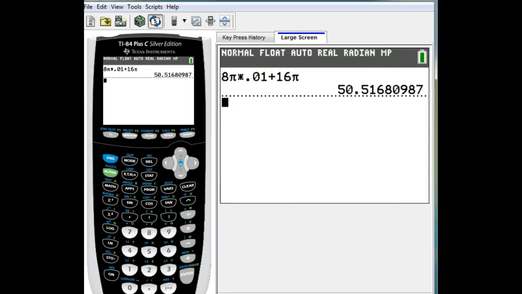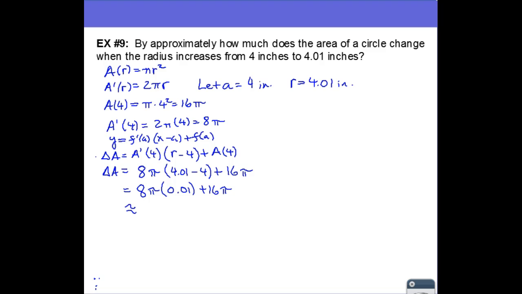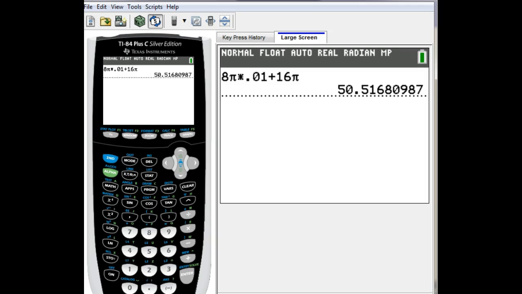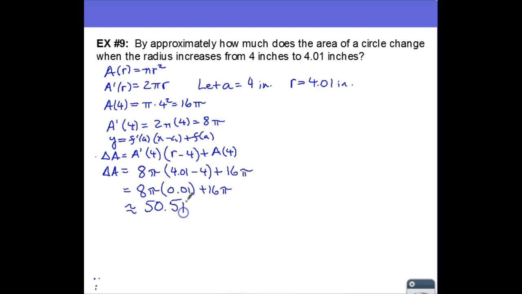I'm just going to put 50.5168, because if you give them more than 3 decimal places, that's fine. Also, it doesn't matter if you round or truncate. Truncate would just be to cut it off.